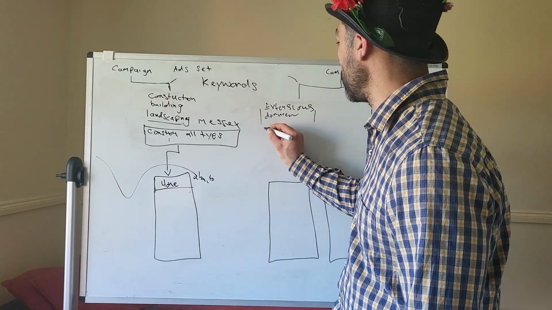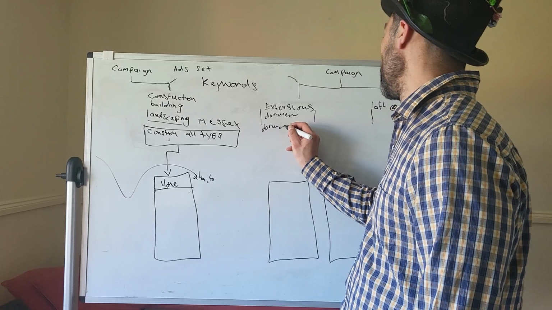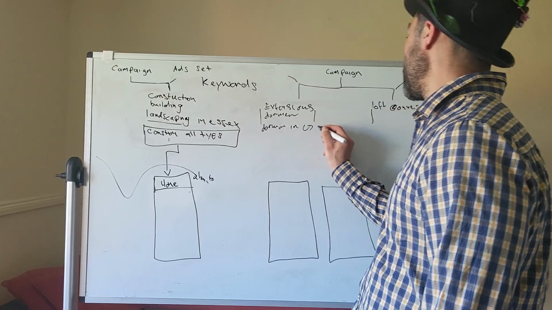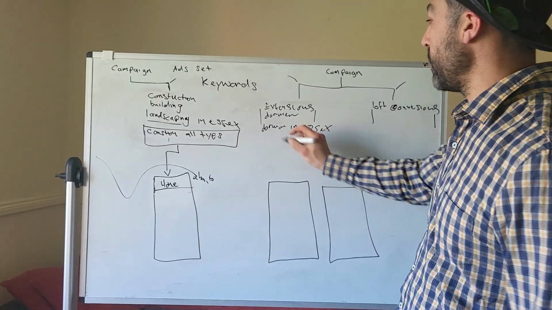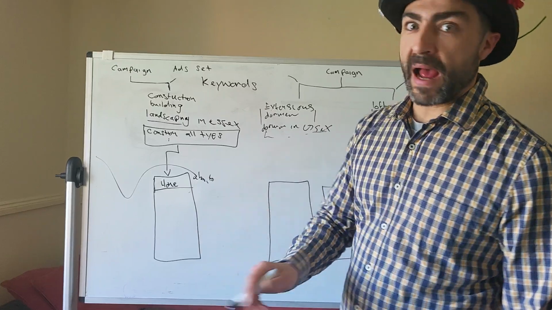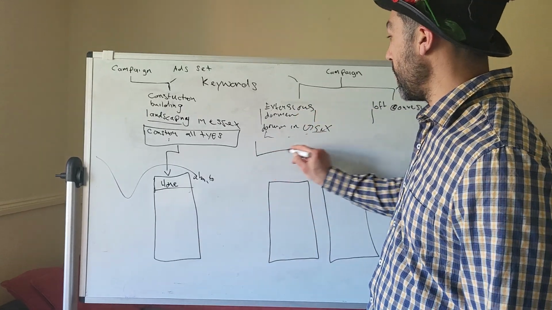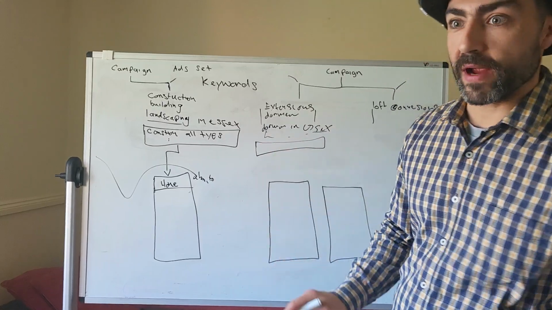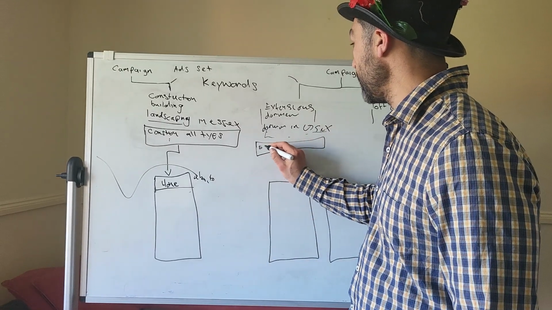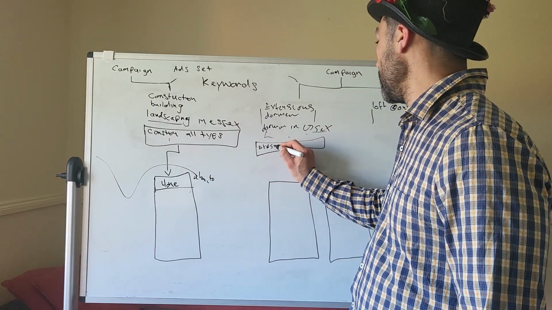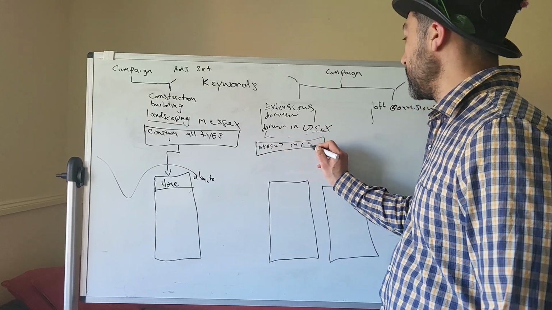So you might have dormer extensions in Essex, let's say. So we'll build that up, and now underneath our ad set, we've then got our ad. So now we can create extensions in Essex ads.